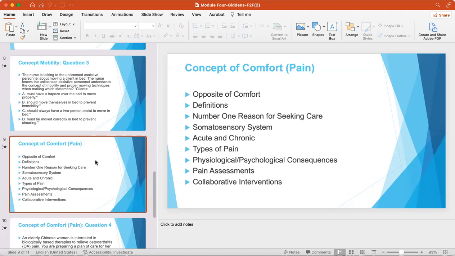Pain is an elegant network of cells, fibers, and organs known as the somatosensory system, which receives, transmits, and interprets sensory information. They're specialized sensory receptor cells.